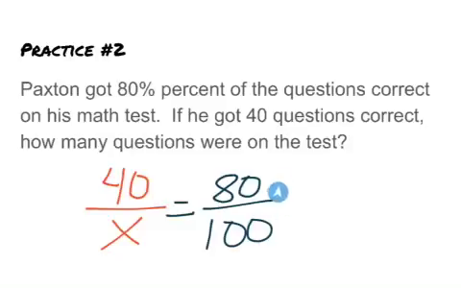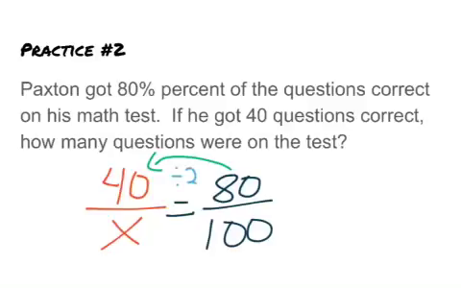If we look within the two givens, 80 and 100, there's not really a relationship there. But if we look between these two ratios, 80 and 40, you'll know that 40 is half of 80. So what we're doing is we're dividing 80 by 2.